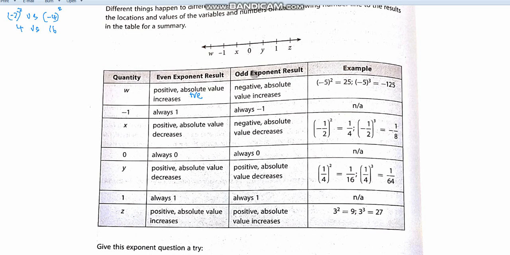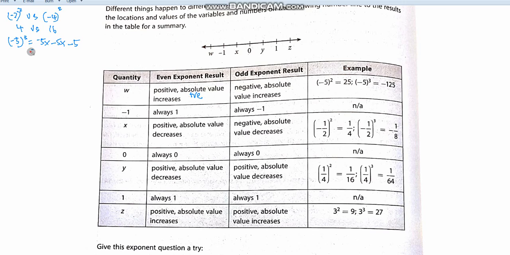Now if it's odd, sorry, I thought it's negative. Odd means you have a power of 3, 5, or 7. Remember, -5 to the power of 3 is -5 times -5 times -5.